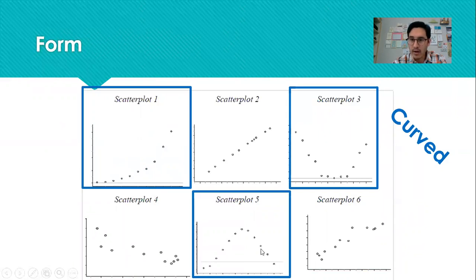Maybe we're looking at a portion of a sinusoidal curve. Anything that's any type of curve, we just call curved. You don't have to describe the mathematical function, like exponential, parabolic, or cubic. You just have to simply say curved.